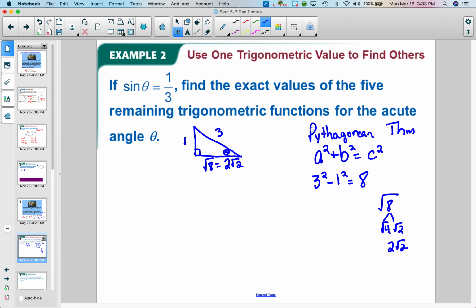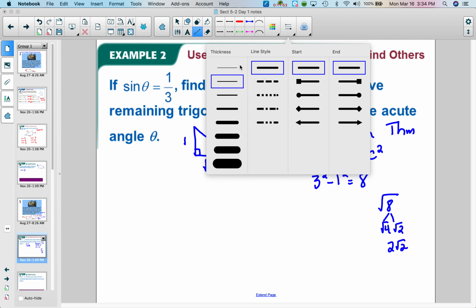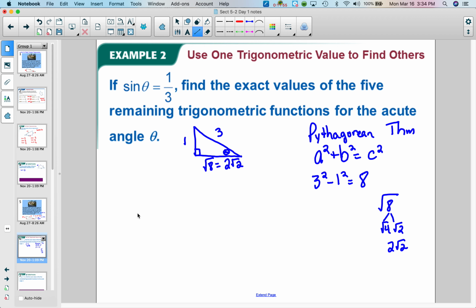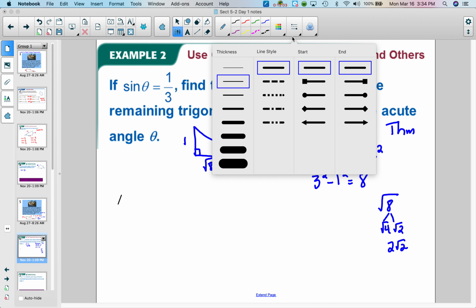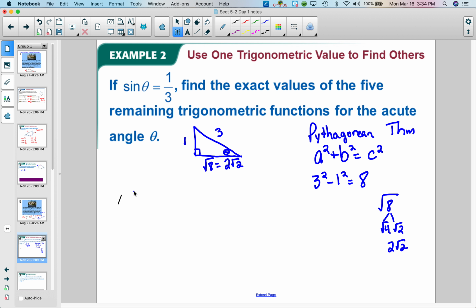This is all the preliminary work that you have to do before you actually get started writing out your ratios. So we already have sine. I'm going to list it anyway. So we have sine theta is 1/3. We already know that.